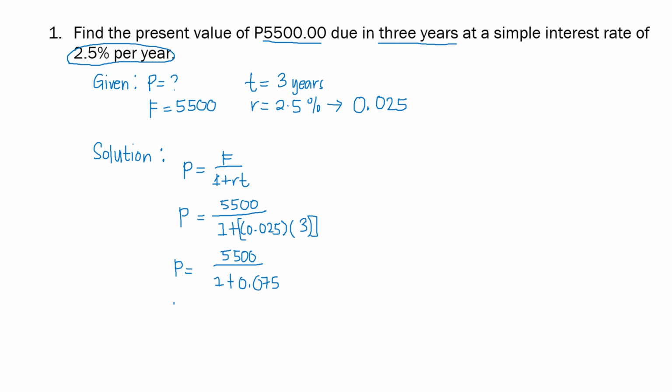In the next step, we're going to simplify the denominator. So 5,500 all over 1 plus 0.075 is equals to 1.075.